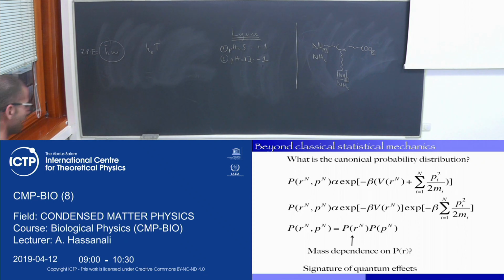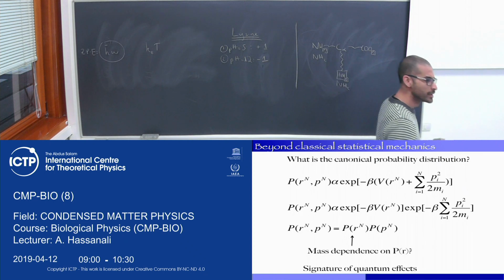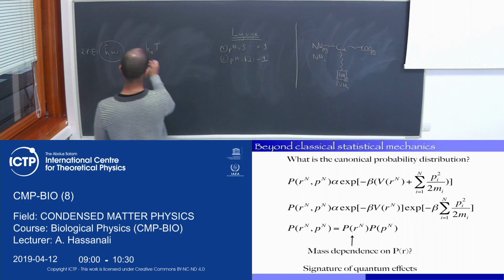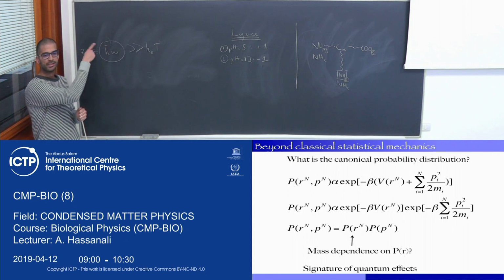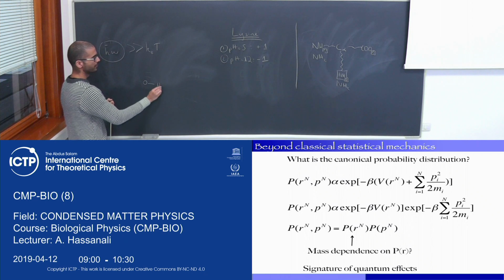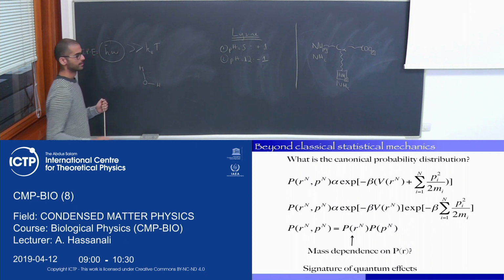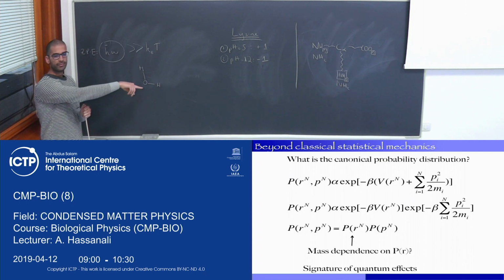So h bar omega is greater than kBT. That's why it breaks down. Yes, it must be. But, so how much is this? This is the system, essentially. I have frequencies associated with different modes here.